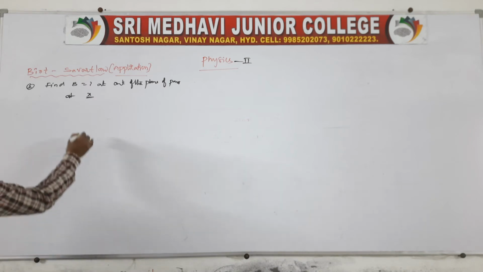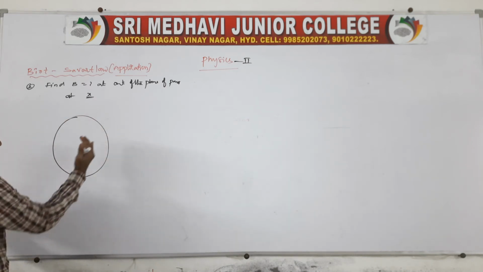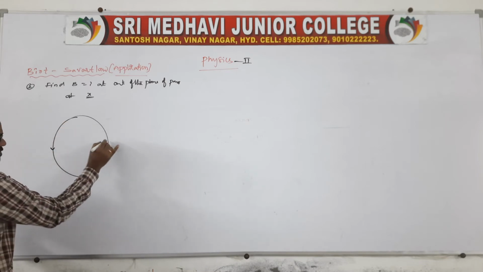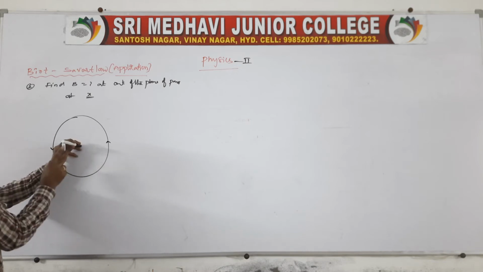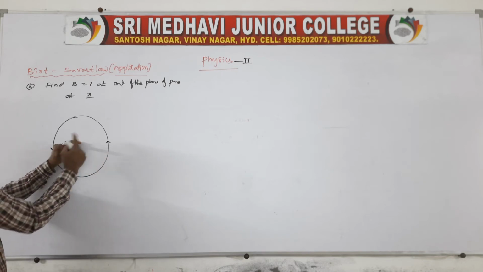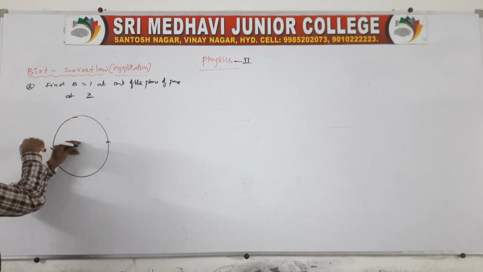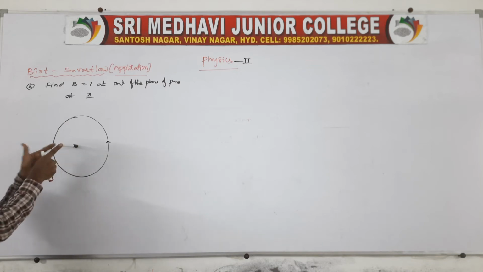Now let us again draw a circular coil. This circular coil is carrying a current which is in the anti-clockwise direction. So there will be a field coming from the center at a point, asked at a distance x. From each and every point there will be a field acting at a point at a distance x from the center.